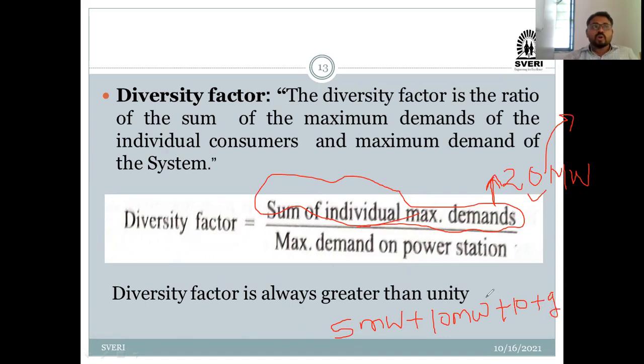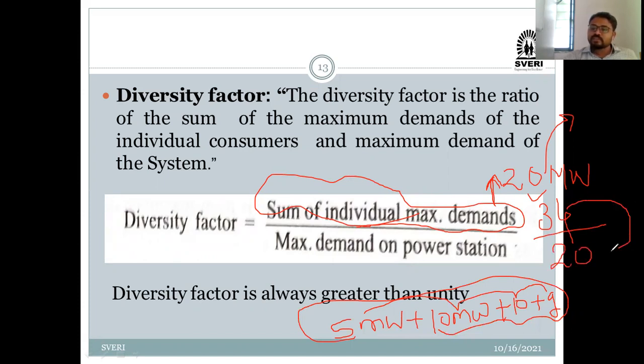So I have to take the addition of all of this, 20 plus 9 plus 5, that is nothing but 34. But what is my maximum demand on the power station? That is nothing but 20. So whenever I divide 34 by 20, it is obviously more than 1.